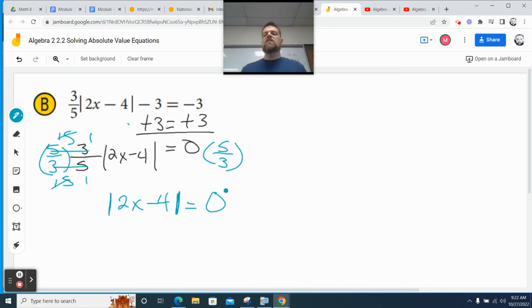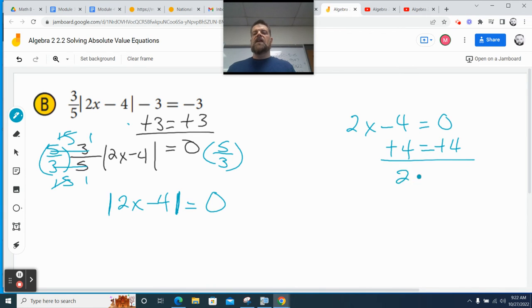Now in this particular case, what's the difference between positive and negative 0? Trick question. There is no difference. So I could just rewrite this as 2x minus 4 equals 0. Can I solve this? Sure. I'm going to add 4 to both sides, and I get 2x is equal to 4. Divide by 2, and I get x equals 2.